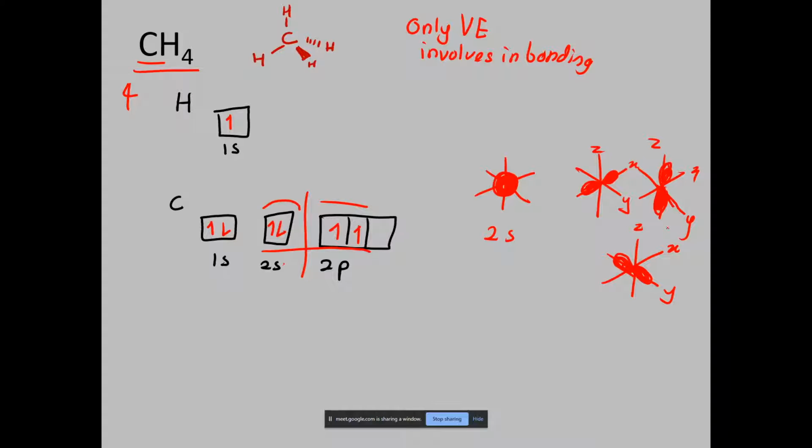Apparently, what carbon does untuk accommodate 4 of the hydrogen is dia orang campurkan semua. Dia masukkan dalam blender, dia campur semua, having a sp3 punya hybridisation. Okay, don't worry, akan cerita what is sp3 semua tu.